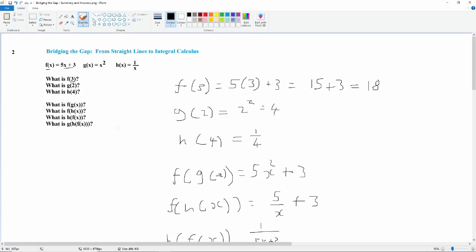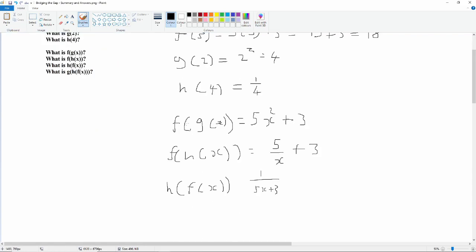And g of h of f of x, okay. Well, we already know what h of f of x is, so we just know that that's 1 over 5x plus 3. And g is just x squared, so g of h of f of x is equal to g of 1 over 5x plus 3, because we just figured out what h of f of x is.